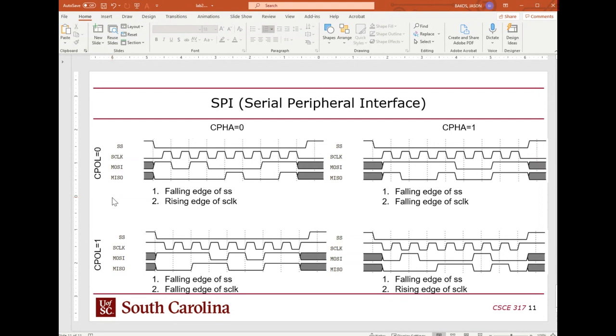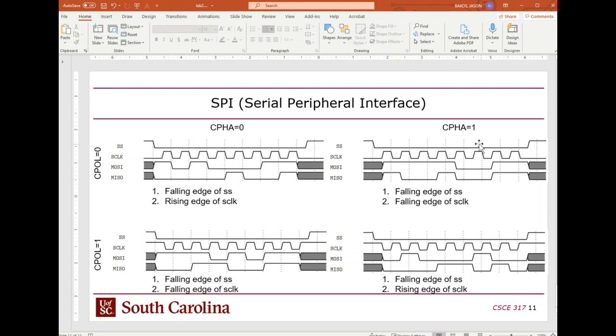If CFA and CPOL are equal, if they're both 0 or they're both 1, then you look for the rising edge of the clock. And you read the data on every rising edge, and I think that's the easiest way. I've never actually thought about it to that level, but I think that's a way to do it.